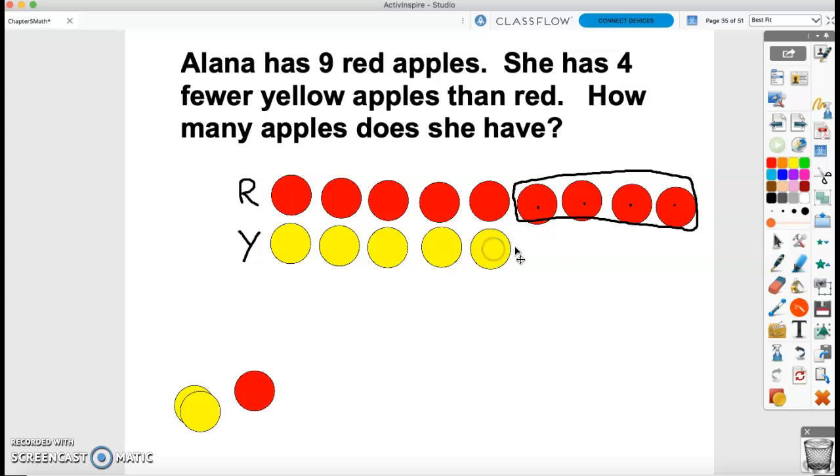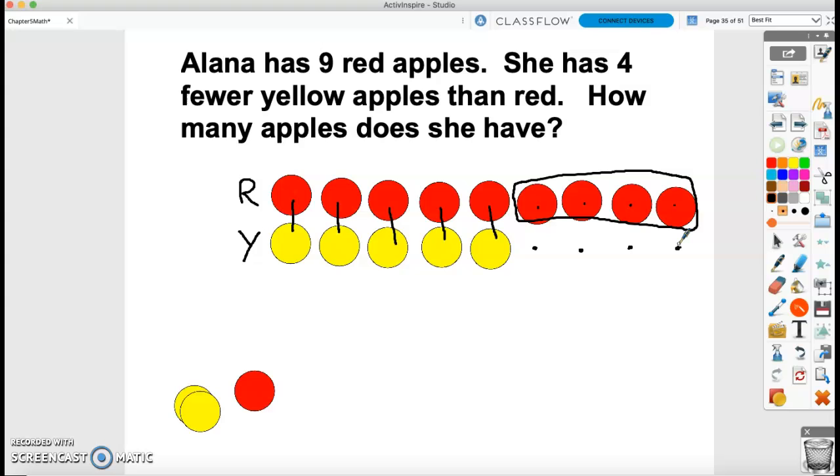And that matches up. So I can match them up, and these are the ones that they have the same of. And I know for these ones, she does not have one for this, or this one, or this one, or this one. So this is the fewer. So she has 1, 2, 3, 4 fewer.